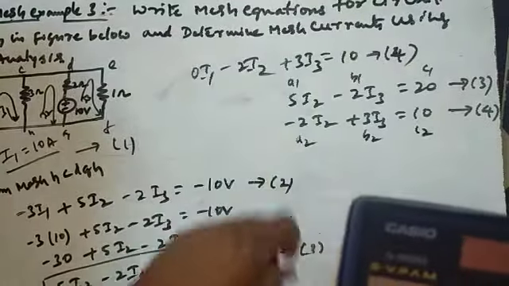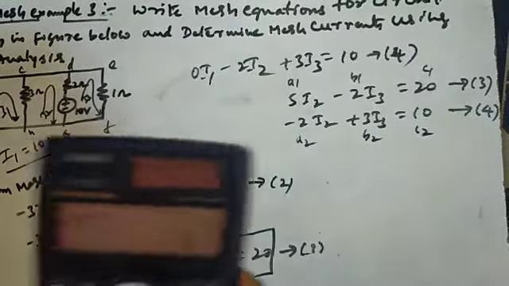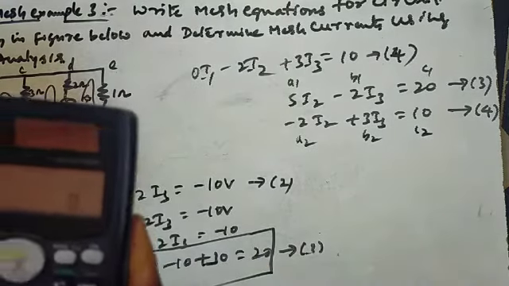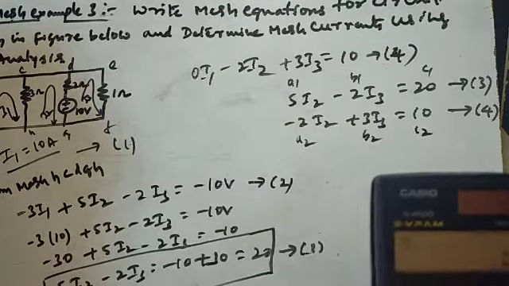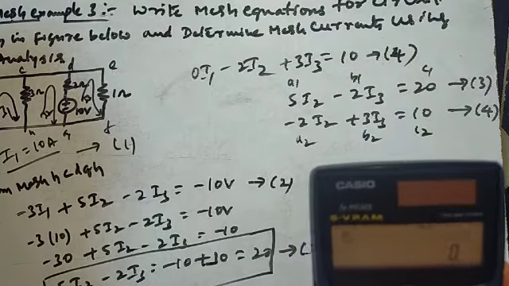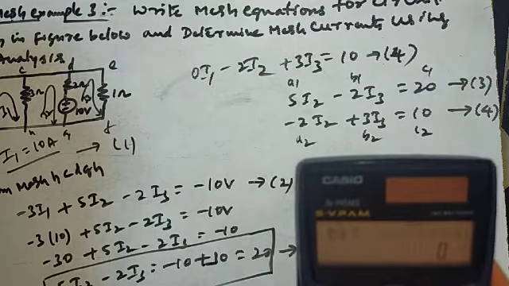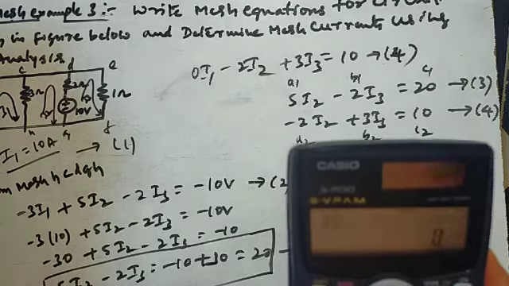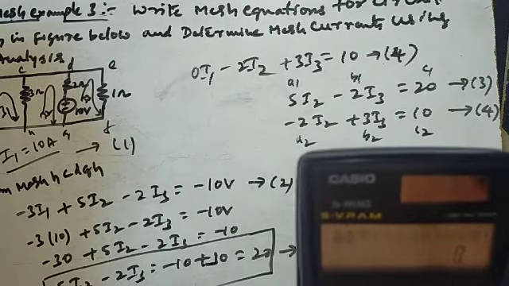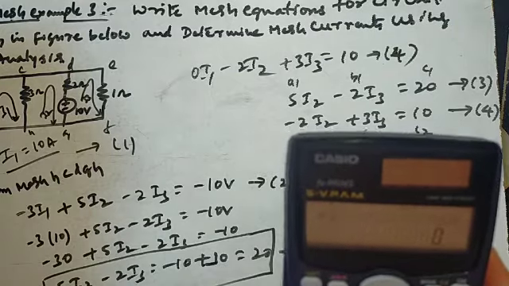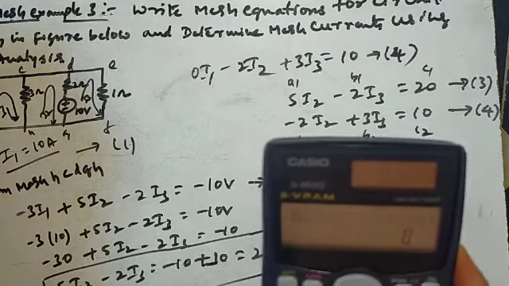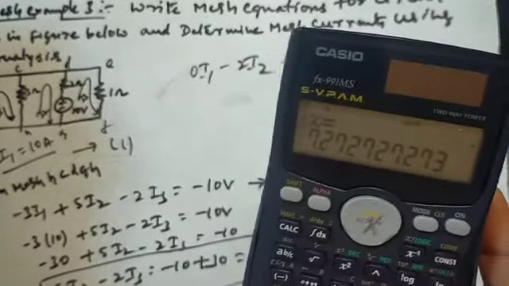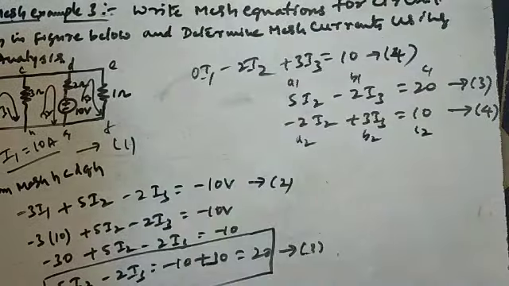Look into the equations. The value of A1 is 5, B1 is minus 2, and C1 is 20. Press equal sign. Now A2 is minus 2, B2 is plus 3, C2 is 10. So you get the answer 7.27.